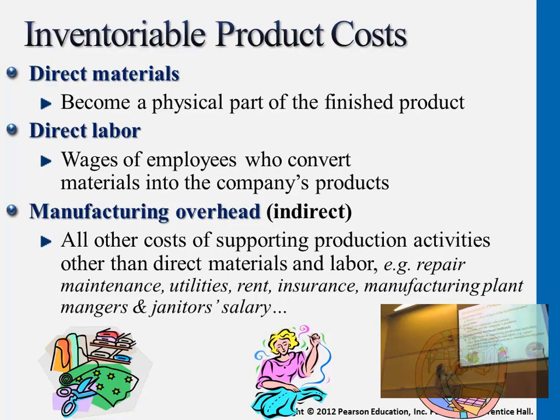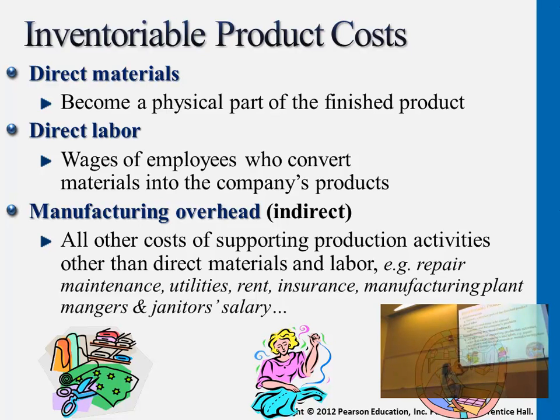To be more specific, we can also classify into indirect material, indirect labor. So again, one example could be janitor's salary, indirect labor, since it cleans up the entire manufacturing site, not just an area for one particular product. Manager's salary for the entire factory, they oversee the entire production line, is also considered indirect cost.